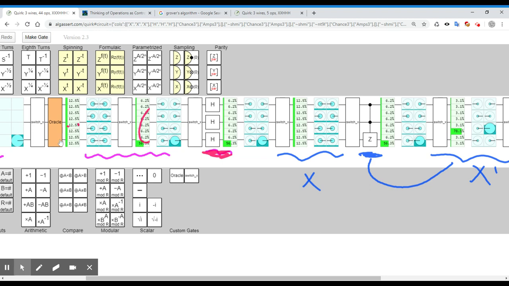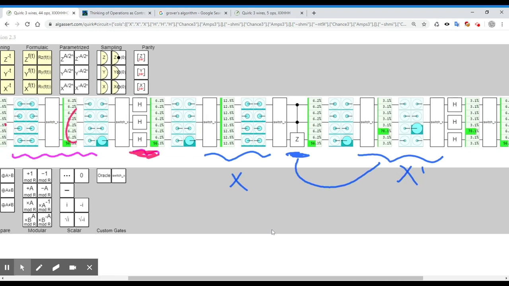What the oracle is doing is phasing those things, phasing that particular element off.